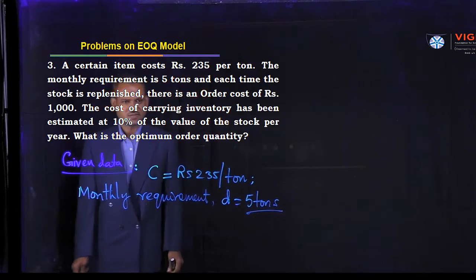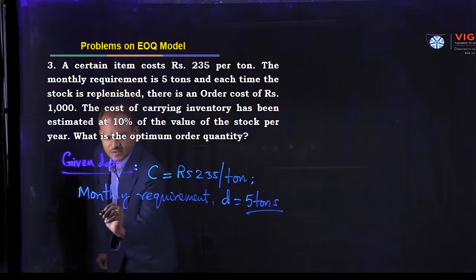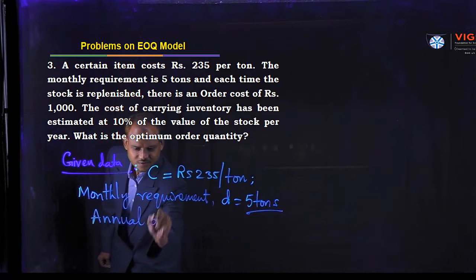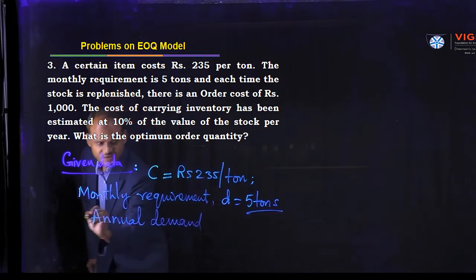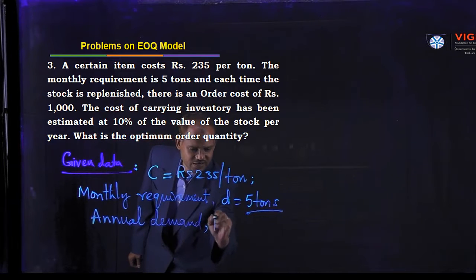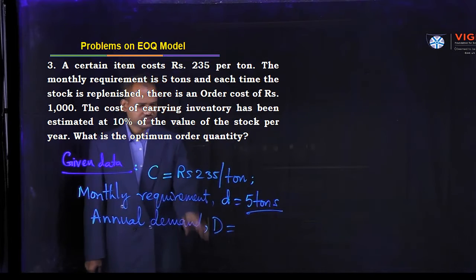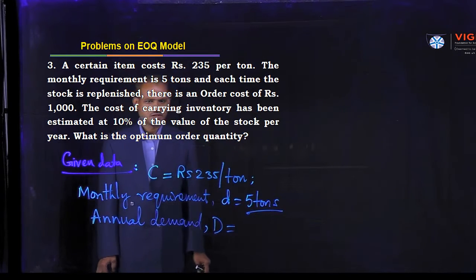So, first of all, we have to calculate annual demand. Annual means per year. Annual demand is represented by the symbol capital D, is equal to monthly requirement, 5 tons, per year.